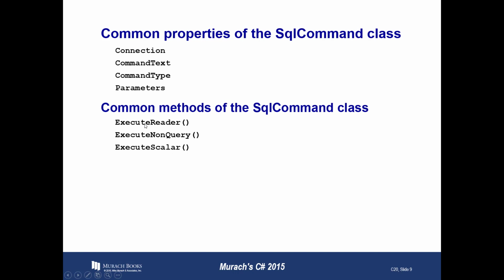Alright, we've got ExecuteReader, ExecuteNonQuery, and ExecuteScalar. ExecuteReader, I believe, is like on a select, and I believe a non-query is on either a create, an update, or a delete. An ExecuteScalar should only be returning one thing.